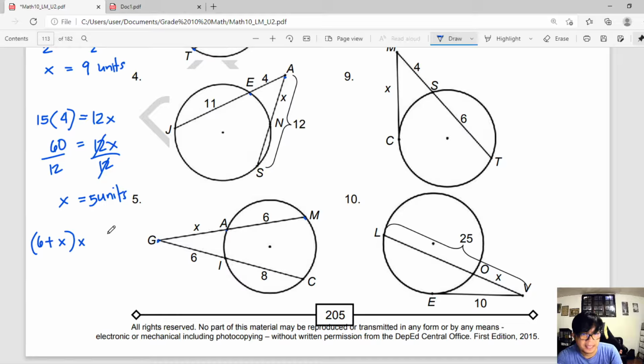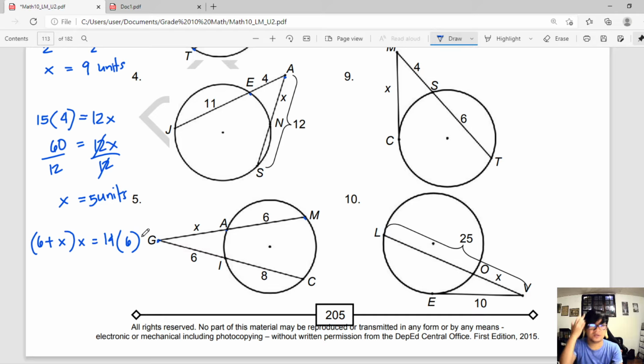Right? It equals the measure of this one, G to C, that is 6 plus 8, that's 14, times the measure of the external secant segment, which is 6.